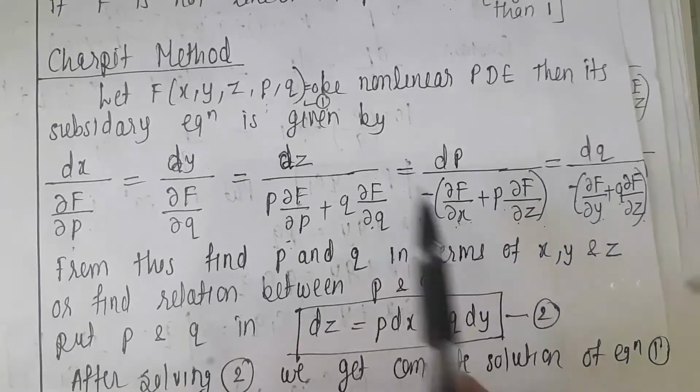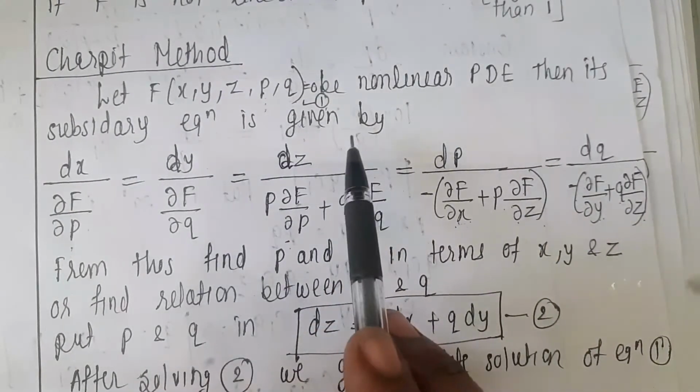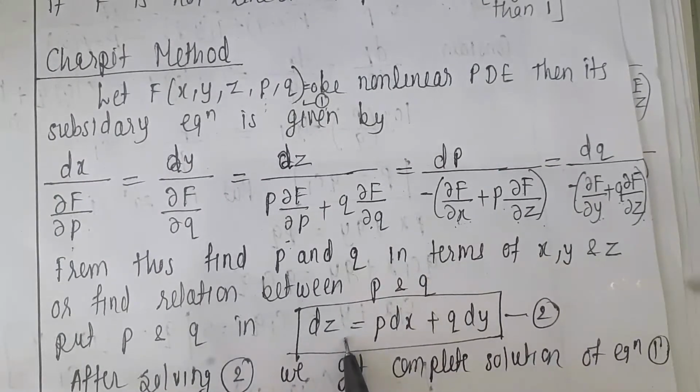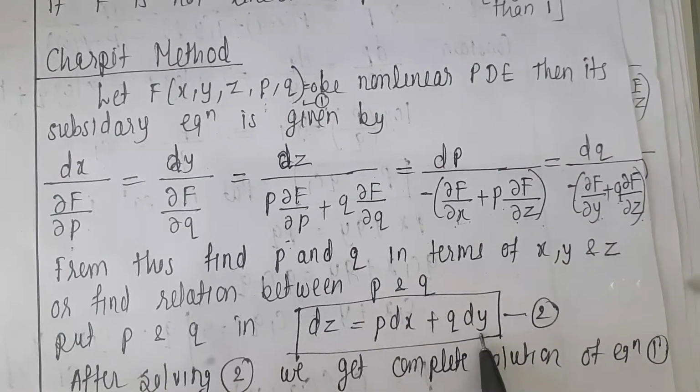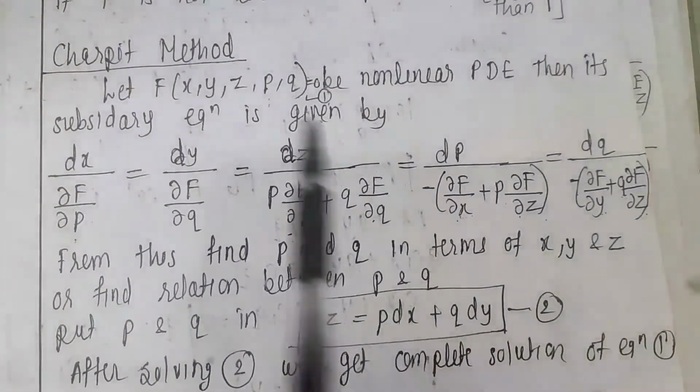If you get p, then substitute in equation 1 to get q, or vice versa. Then use dz = p dx + q dy, substituting the values of p and q to get the complete solution. So only three steps are there.